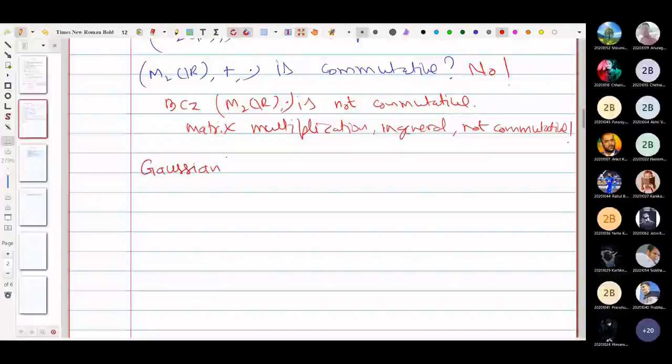When we require a ring, we need to see only two things with respect to multiplication. First, it should be closed: the product of 2 cross 2 matrices is again a 2 cross 2 matrix. Second, it is associative: matrix multiplication is always associative. As of now, we are not saying anything about inverse or unit, though you can try it out.